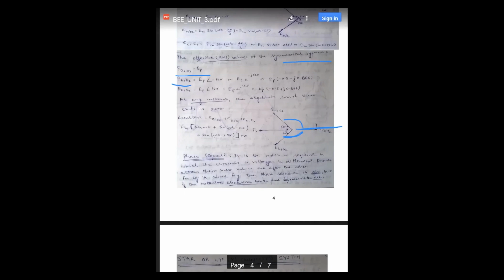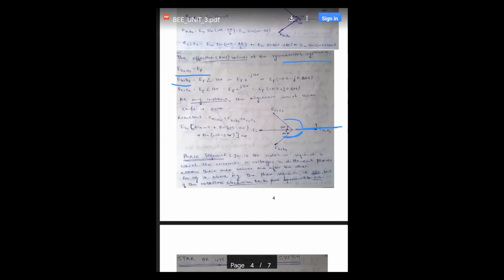Okay, or you can say that it is lagging the A phase by 120 degrees. Okay, so we can represent this by using the vector algebra representation as shown, as EP angle minus 120 degrees.